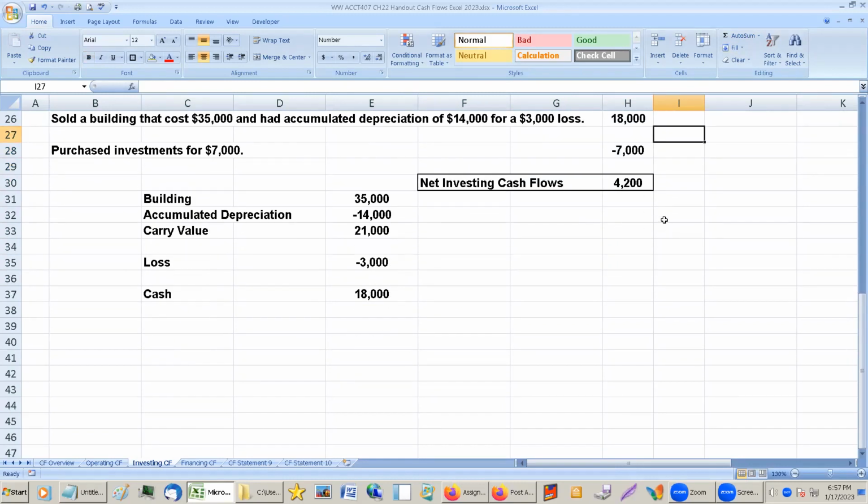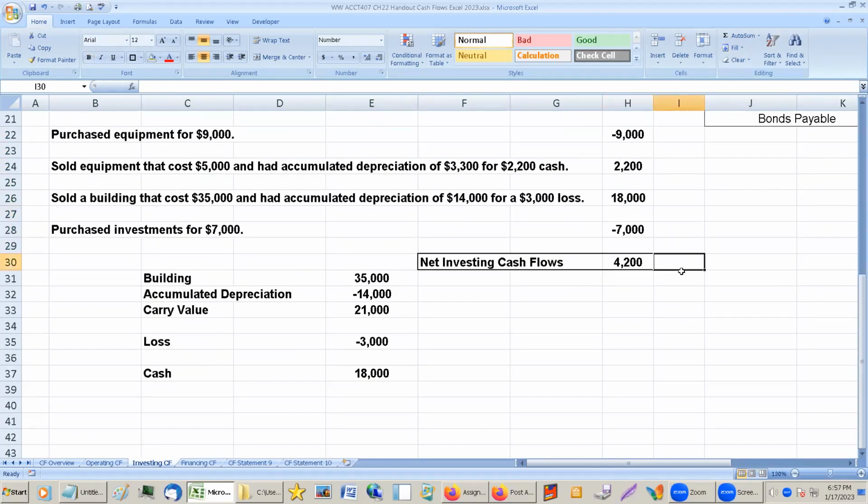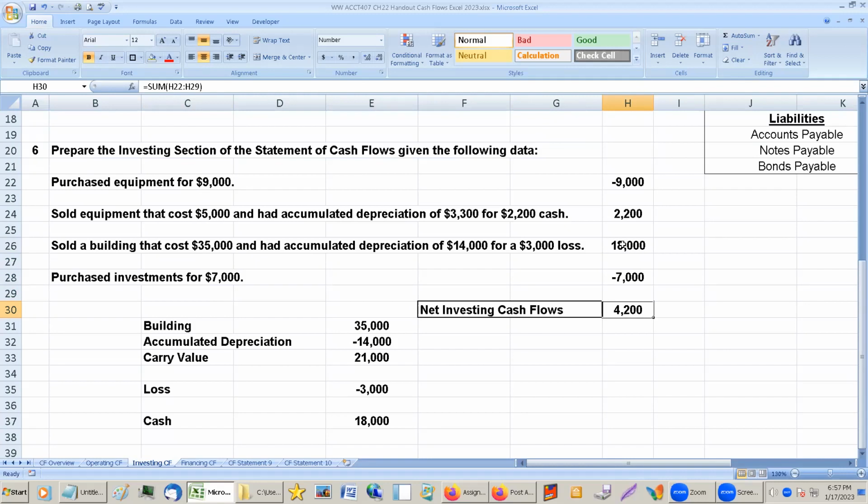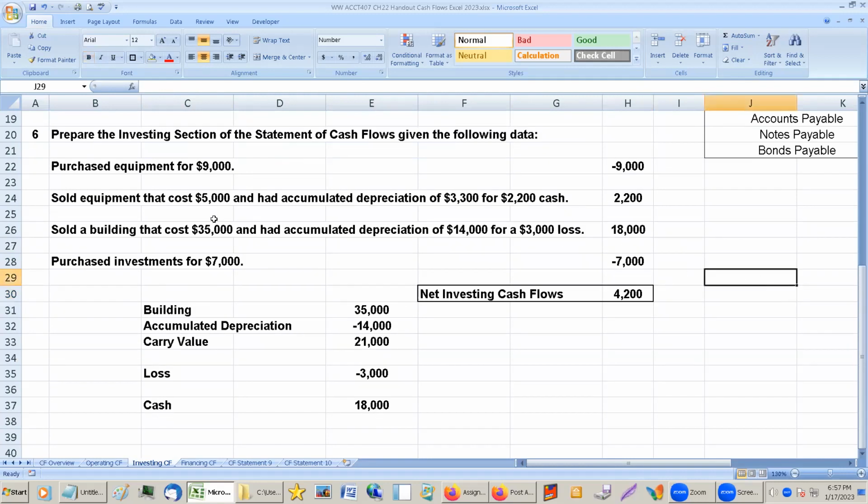Okay, now this is kind of what you don't want to see. This is positive cash flow. And it means the company is shrinking, and you can tell that here. They're selling off equipment, they're selling off a building.